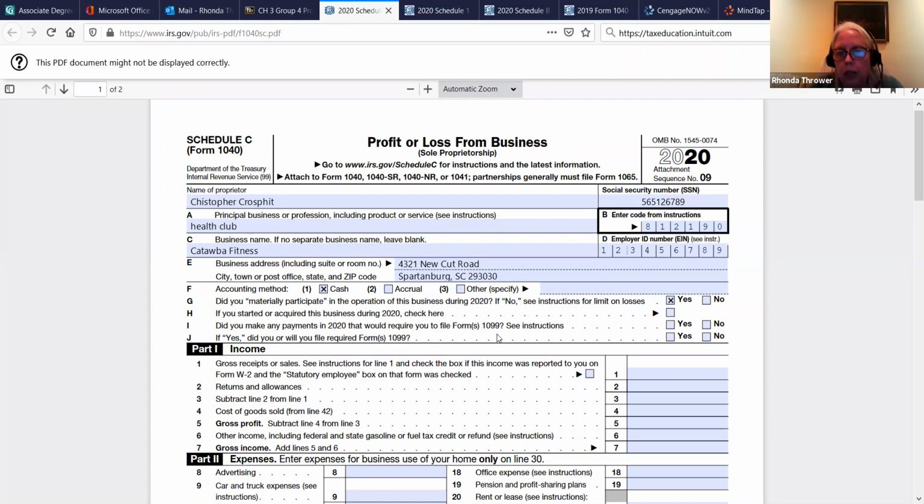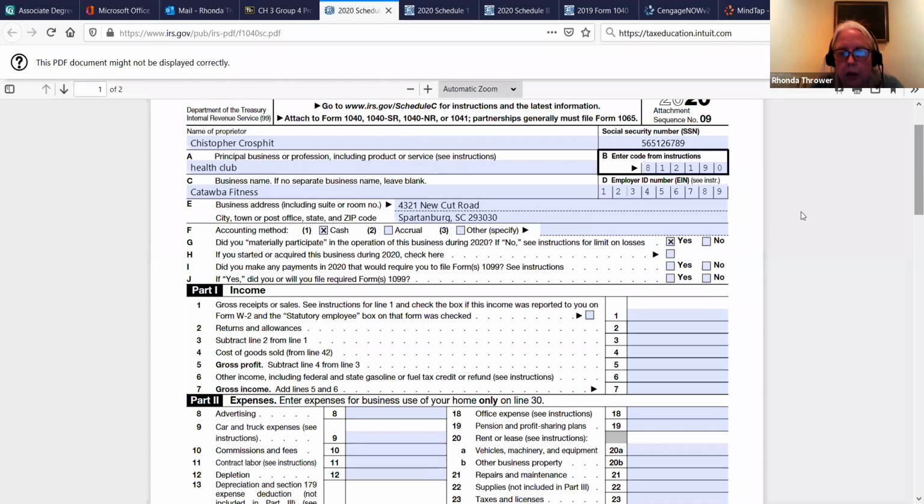But form 1099 would be for miscellaneous contractors, or somebody that they hired to do something specific for the business. It's not an employee. We're not talking about regular employees here that we're paying. It would just be somebody that needed a form 1099 to show that they had earned income that would go on their tax return.